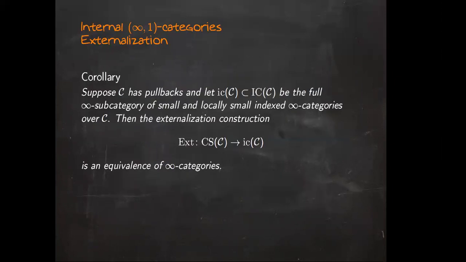So as a corollary, we can phrase this a bit differently, namely, if we consider the full infinity subcategory of small and locally small indexed infinity categories over a category C with pullbacks, then the externalization construction gives us an equivalence of infinity categories between the internal categories in C and the small and locally small infinity categories over C. And the reason for that is just that the externalization functor is fully faithful.